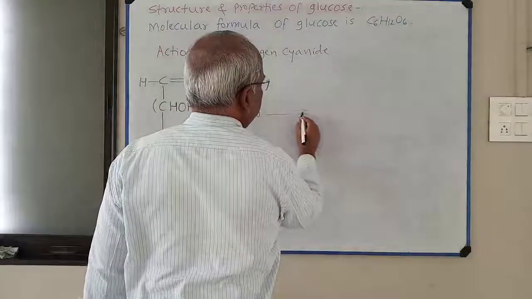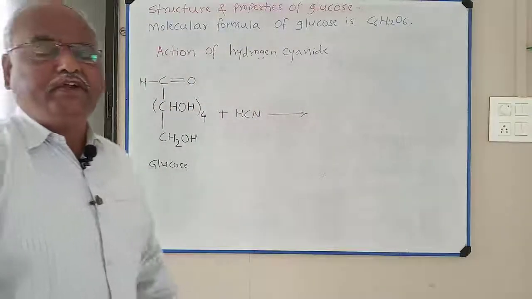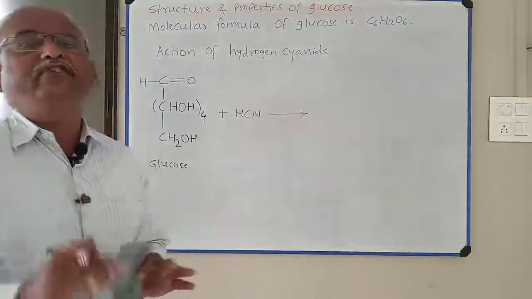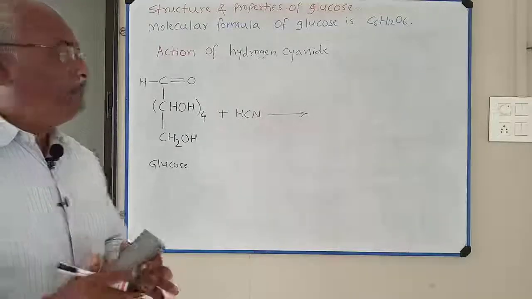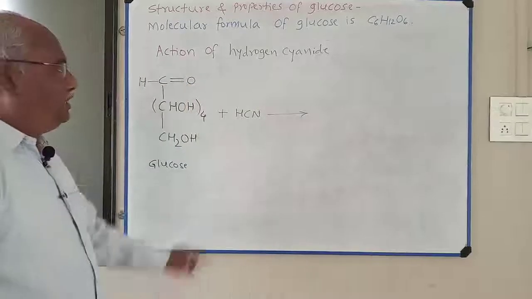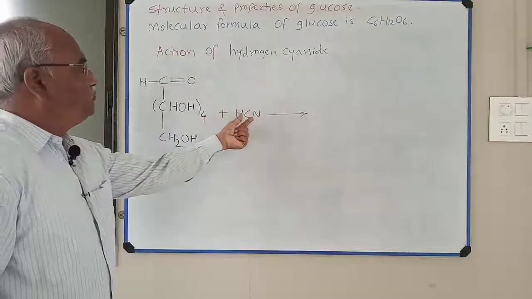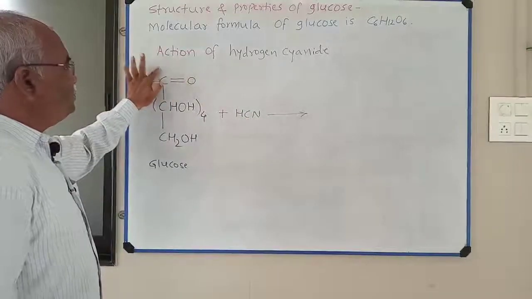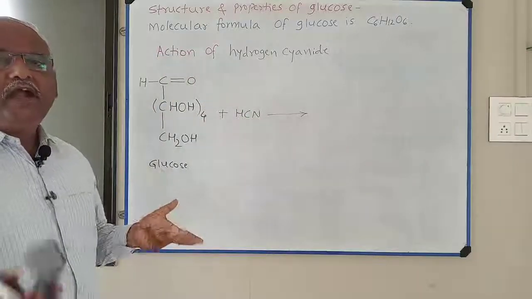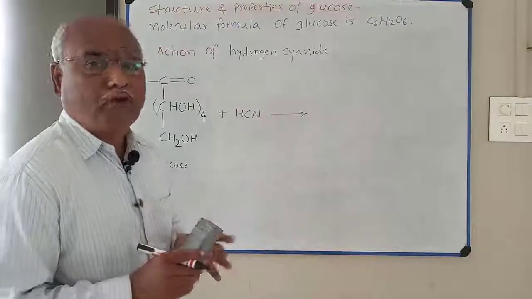Glucose on reaction with hydrogen cyanide gives addition product. Addition takes place across this double bond. H is added to this oxygen, CN is added to this carbon, and addition product is formed.